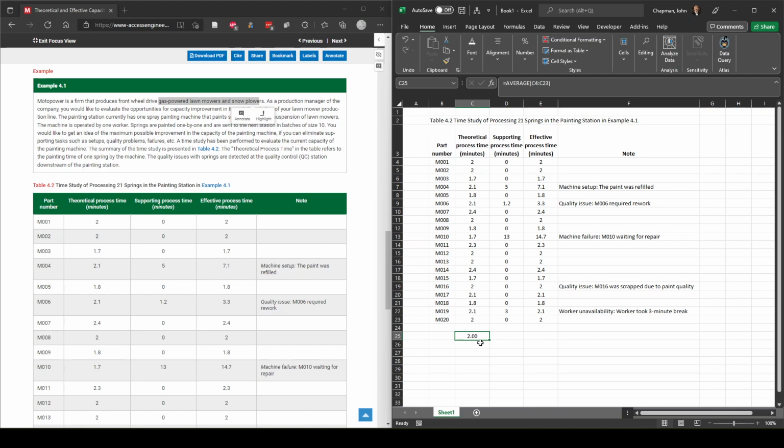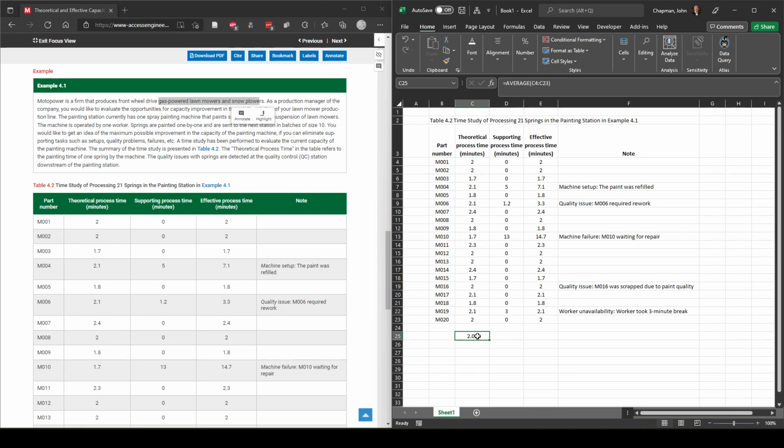What does that mean? That means on average, the theoretical process time for each part is 2 minutes. But what we want to do is calculate our theoretical capacity. So how do we calculate our theoretical capacity of the resource if what we have is, on average, it takes 2 minutes to process one part?